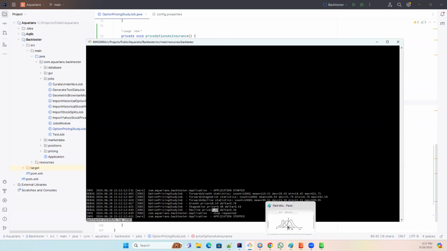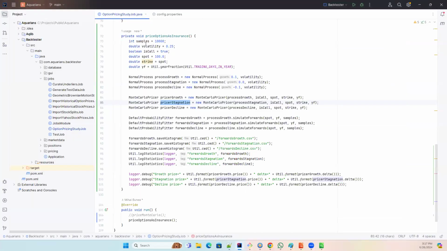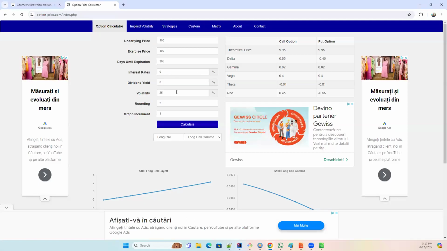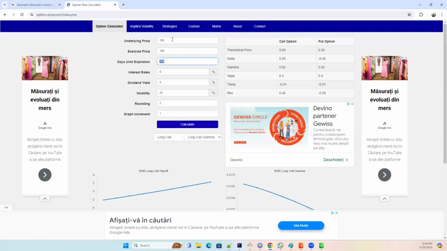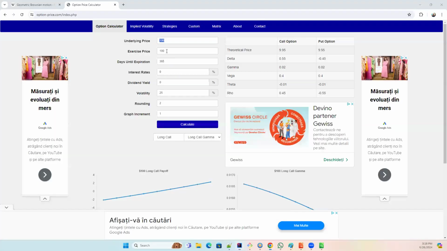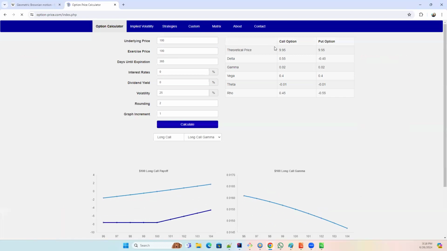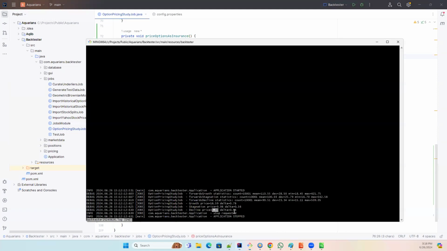But if we look at the Black-Scholes price for an option and introduce the exact same parameters as here, so volatility 25%, 1 year to expiration, stock price right now 100, strike price 100, and calculate, we get 9.95, just like I got for the stagnation process, pretty much, 9.95.